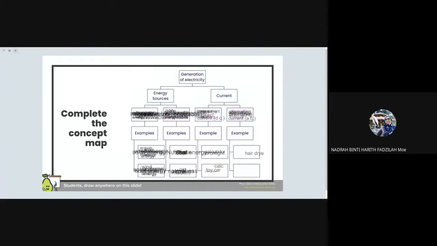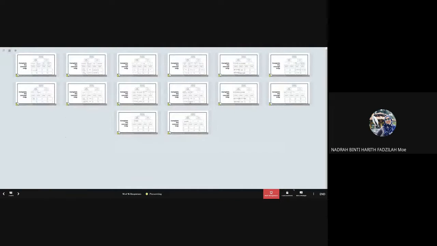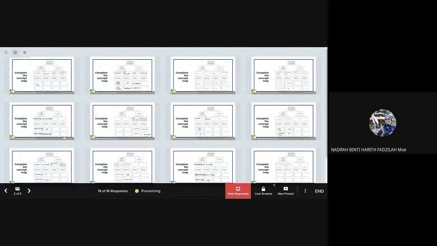Right. Let's see here. Okay, almost there. Oh, ada yang decide untuk buat current dulu. Tak apa, boleh, tak ada masalah.